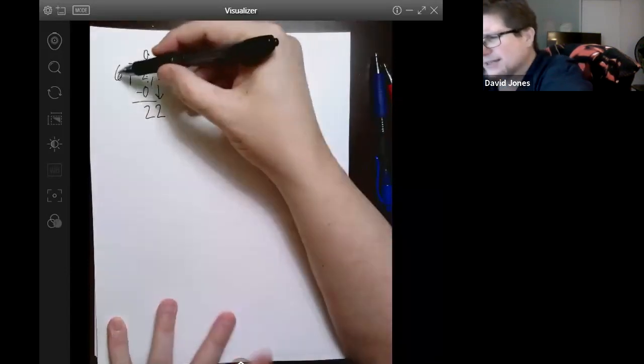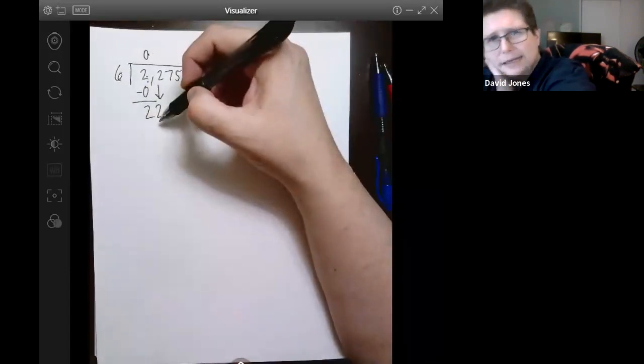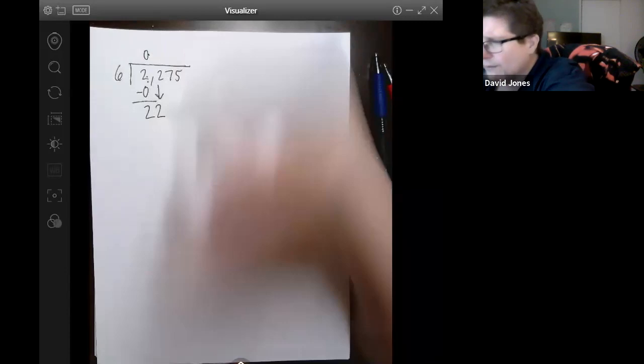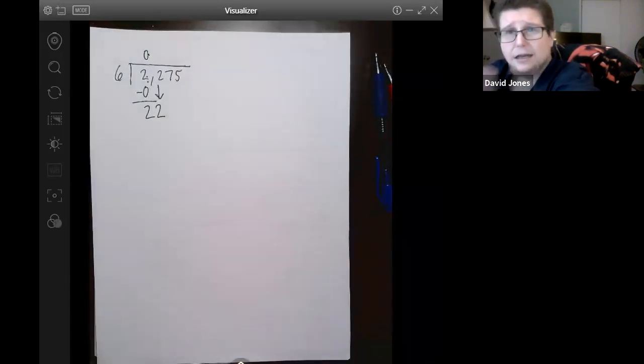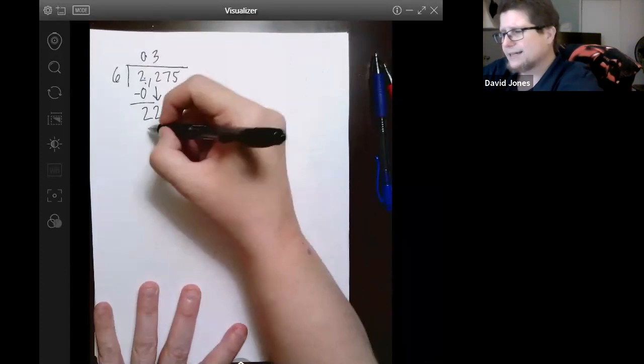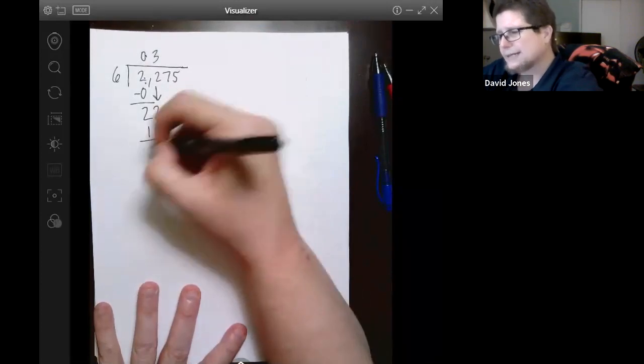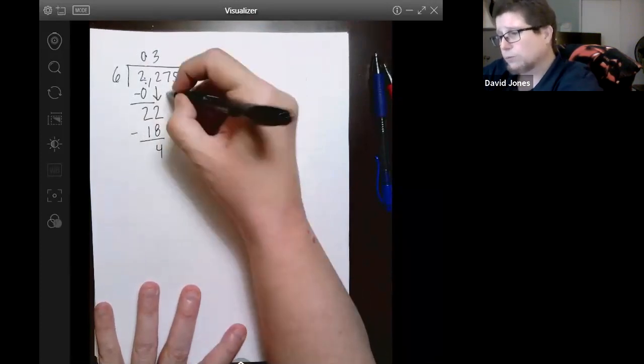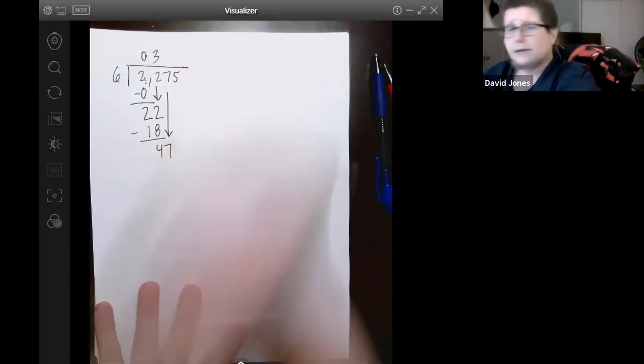How many times does 6 go into 22 evenly? We got 6, 12, 18, 3 times. 3 times 6 is 18. We subtract. We get a 4. We'll bring down the next number.